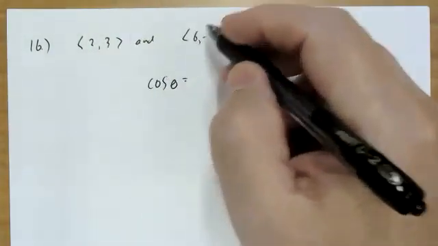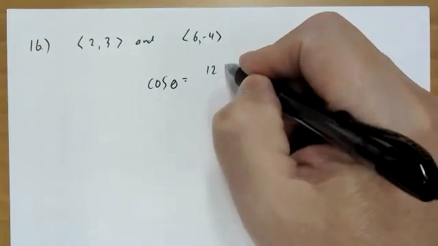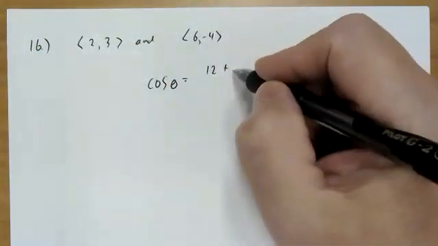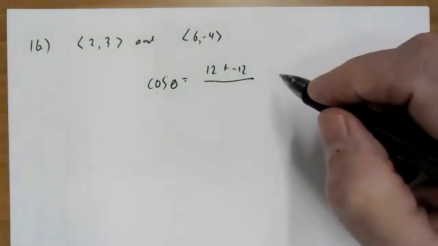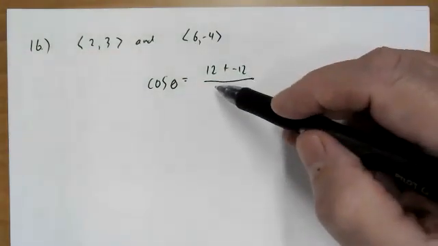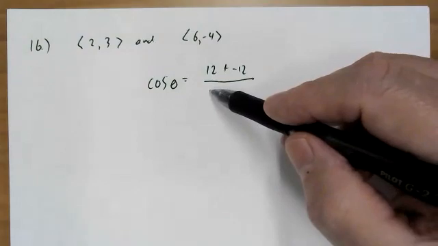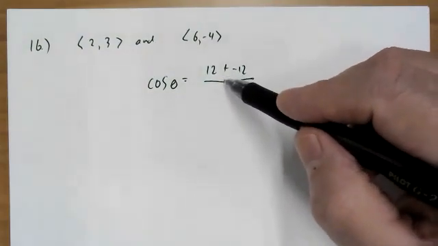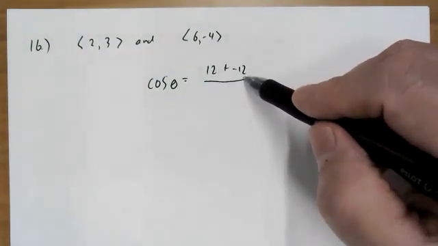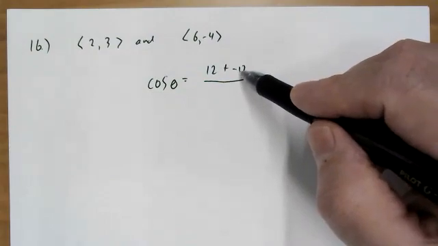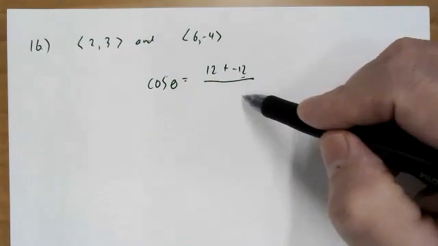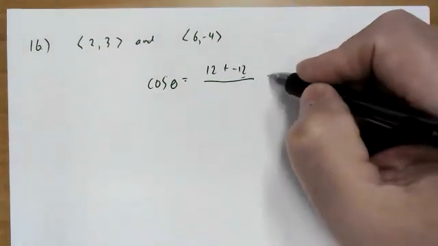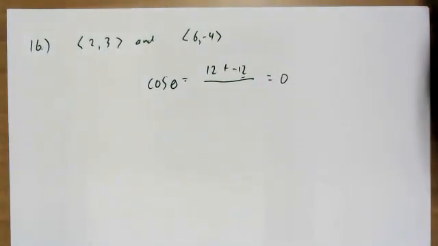Same thing, dot product, 2 times 6 is 12, plus 3 times -4, -12. You know what I'm going to do? I'm not even going to continue this because look what my numerator is, 12 plus -12. So I'm going to have 0 over something. I don't even care what the something is. This whole thing is going to be 0.